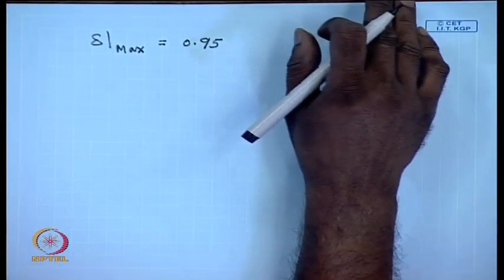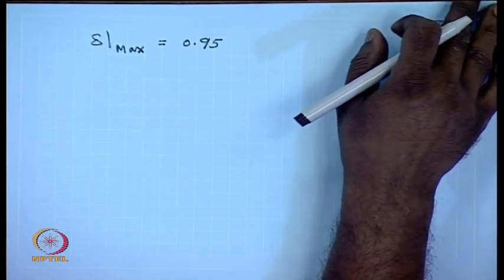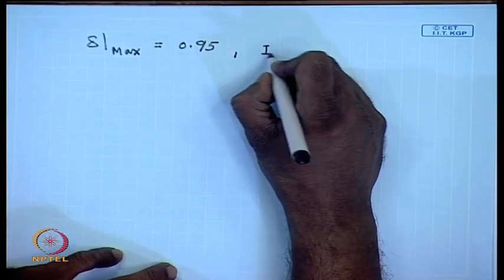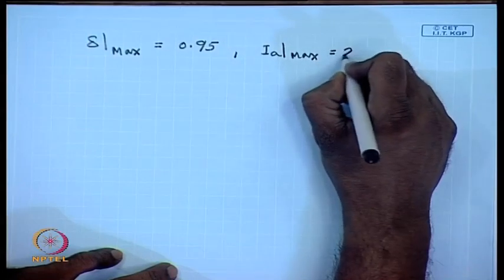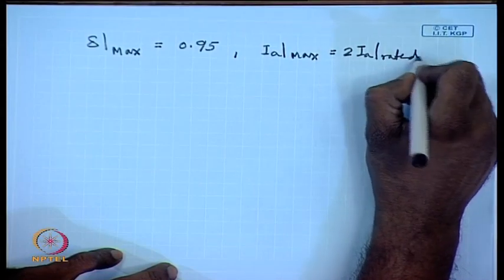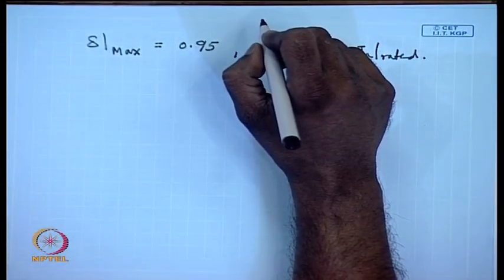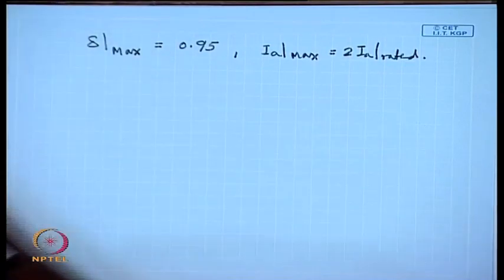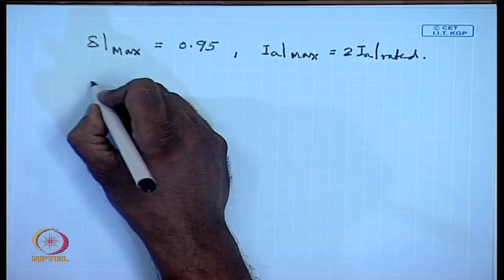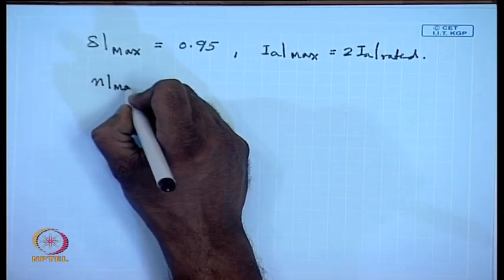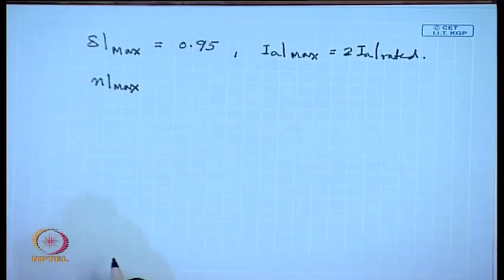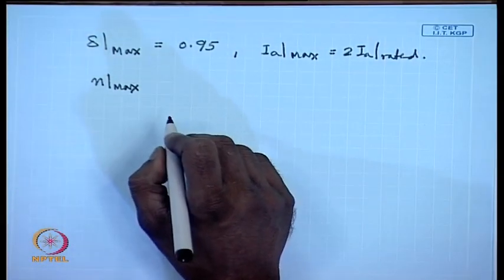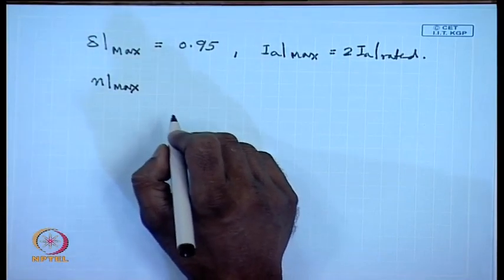Under this condition, and let us say the maximum permissible current is 2 times IA rated, calculate the maximum possible speed, without resorting to field weakening.